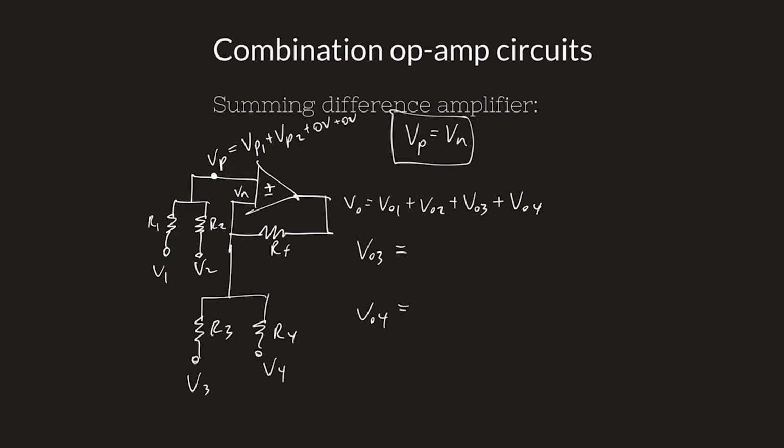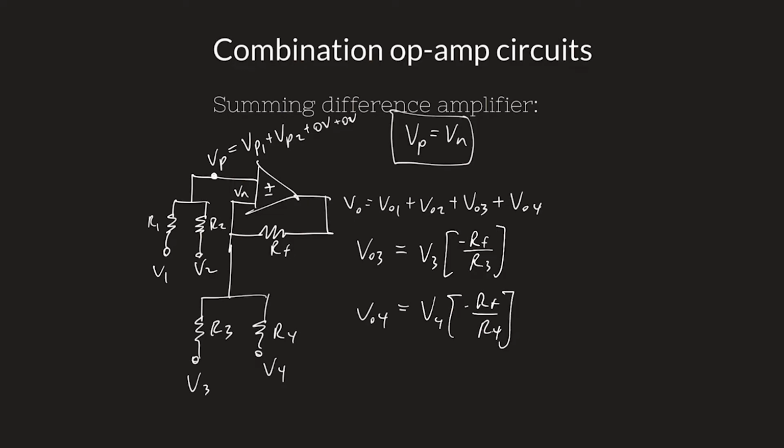So everything here is 0, which means Vn is 0. And since Vn is 0, remember we were able to erase one of these branches. So V out due to 3 is just V3 times the gain term, which is negative RF over R3. The same thing for V4, negative RF over R4.